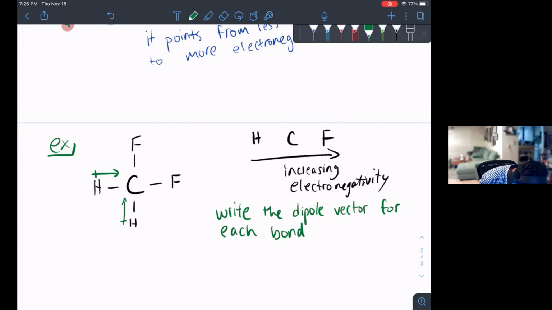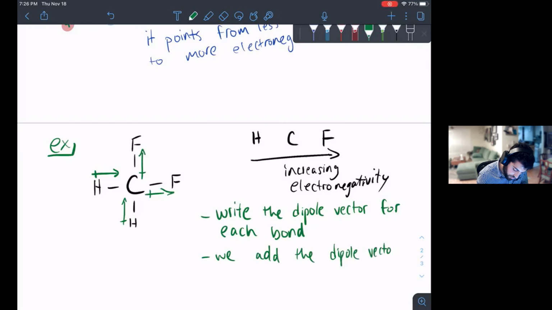Now, from carbon to fluorine, it's going to go from carbon to fluorine because now carbon is less electronegative than fluorine. And the way we find out what the net dipole is, is we add the dipole vectors to check for a net or total dipole.